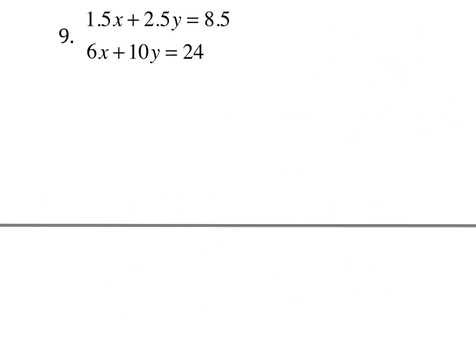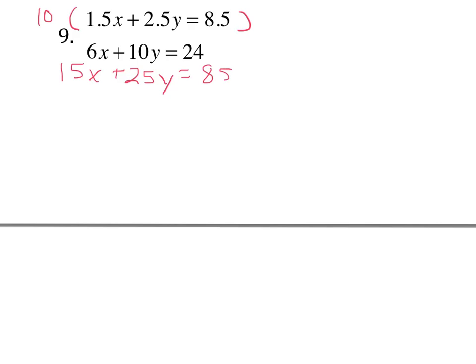In number 9, we have an equation with decimals. So I am going to multiply that by 10, so we can get rid of all the decimals. That will give me 15x plus 25y equals 85. And now for elimination, I am going to multiply the top equation by, looks like if I multiply it by 1.5, I can get a 25y.